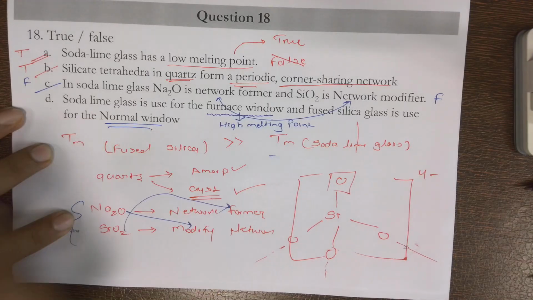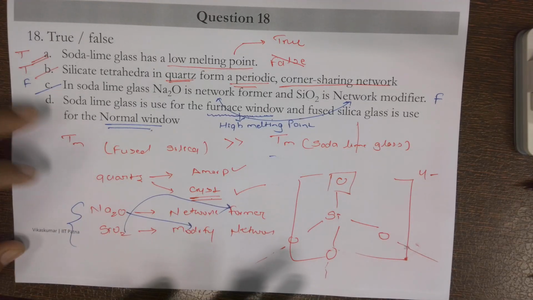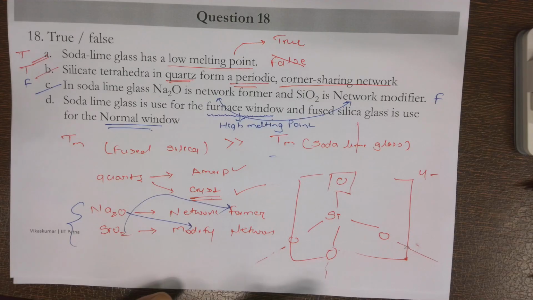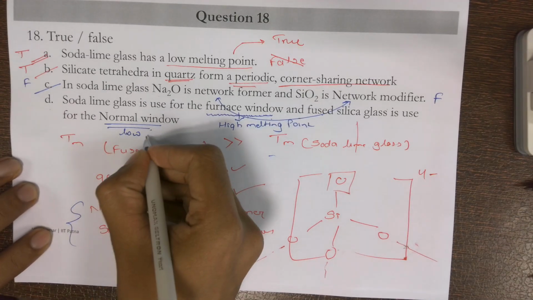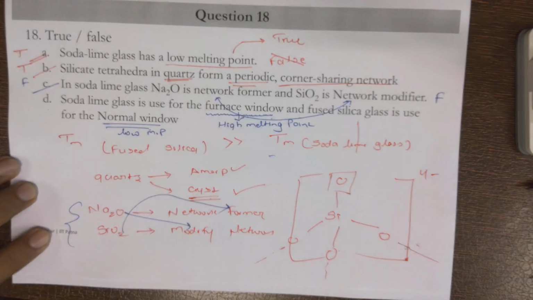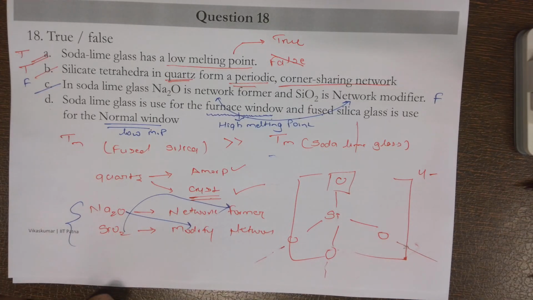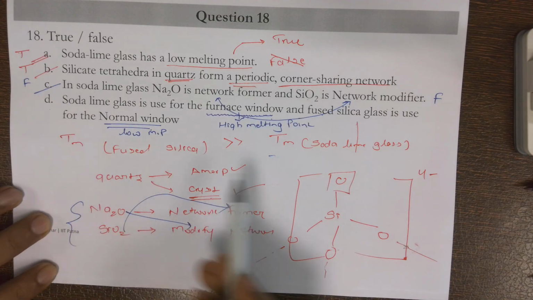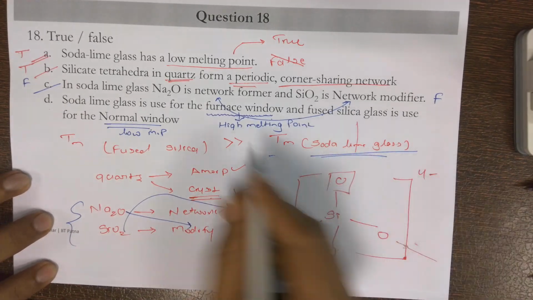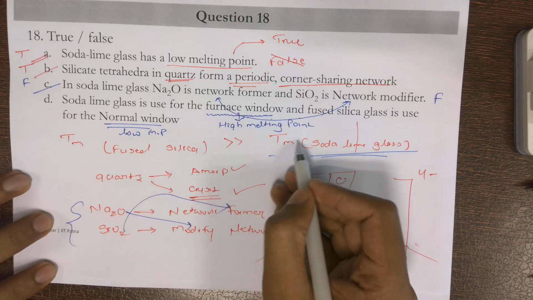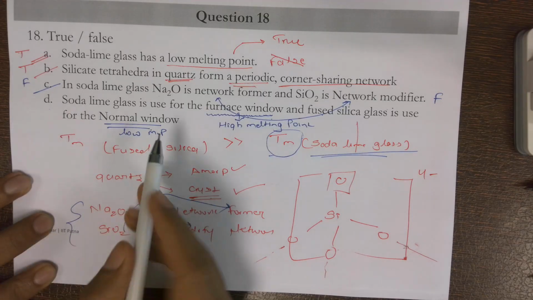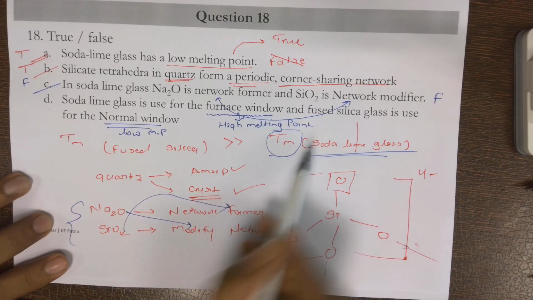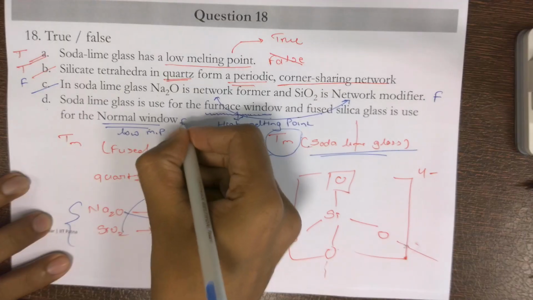A normal window which we use on a daily basis doesn't require this much, right? It's just that we have to care about the cost. If we take soda lime glass, it will easily melt, so we cannot do that for a furnace. And the normal window will use soda lime glass. The answer here is false.